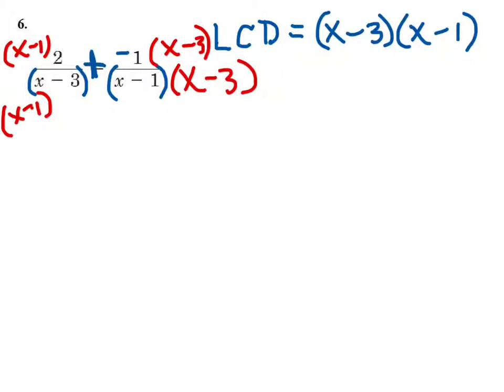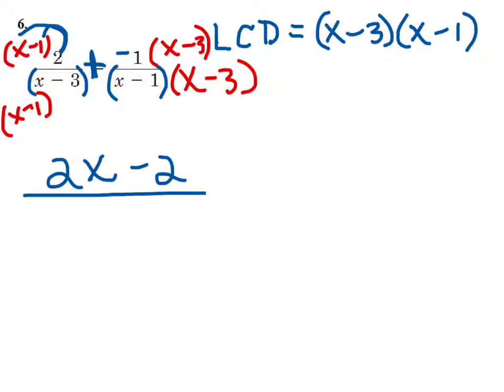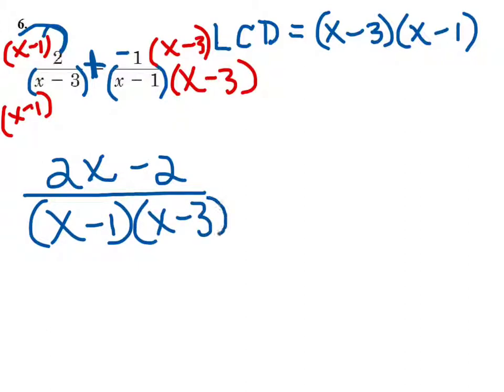So what I'm going to do in the next step is multiply my 2 through to my x minus 1 to get 2x minus 2 with the denominator of an x minus 1 times x minus 3. And remember, I'm adding that to this entire expression with the same denominator.